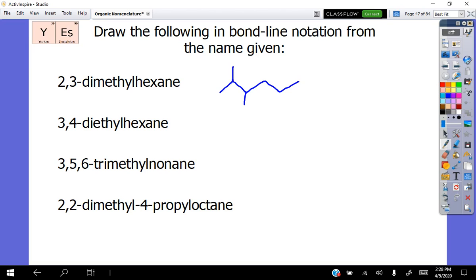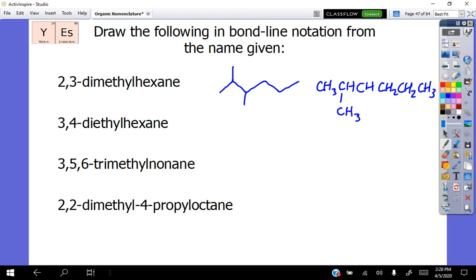Now, if you were to do a condensed notation, you could also do your carbon chain. I've got 3 carbons in a row, and sticking off of my first carbon is CH3.